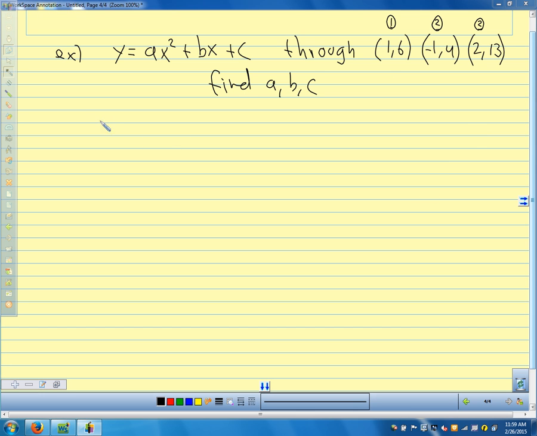All right, so from point 1, this is an X and this is a Y. If I plug in X equals 1, I get A plus B plus C equals 6. I'm just plugging in X equals 1 here: 1 times A plus 1 times B plus C equals 6.